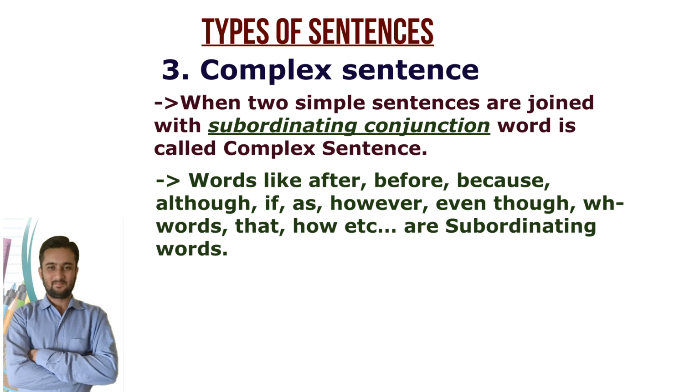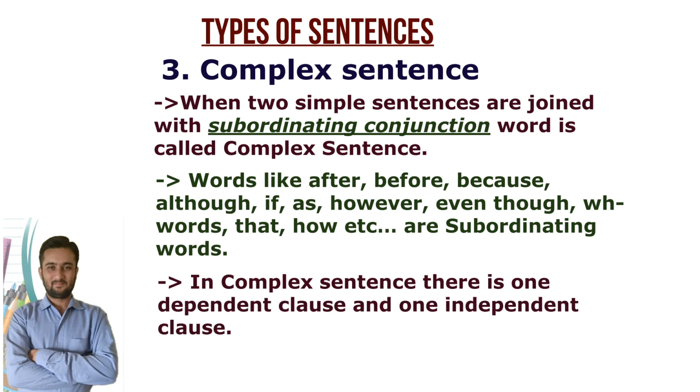So when two simple sentences are joined with the help of a subordinating conjunction word, that sentence is called a complex sentence. Now in a complex sentence, you will find one dependent clause and one independent clause.